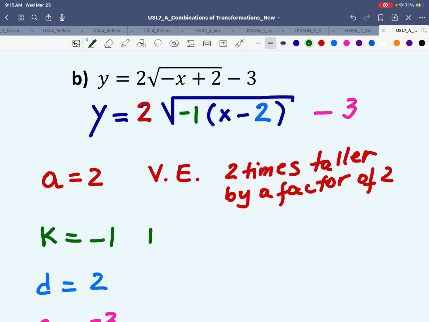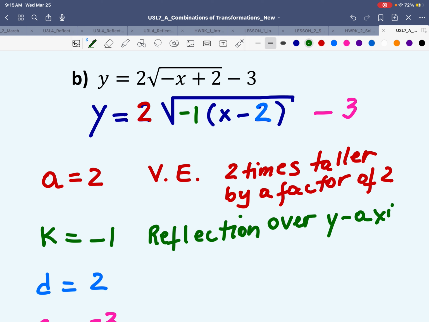That's why we call this a reflection over the y-axis. Next, we have d equals positive 2. That causes a horizontal translation. Since it is positive, the translation will be in the positive direction, to the right.